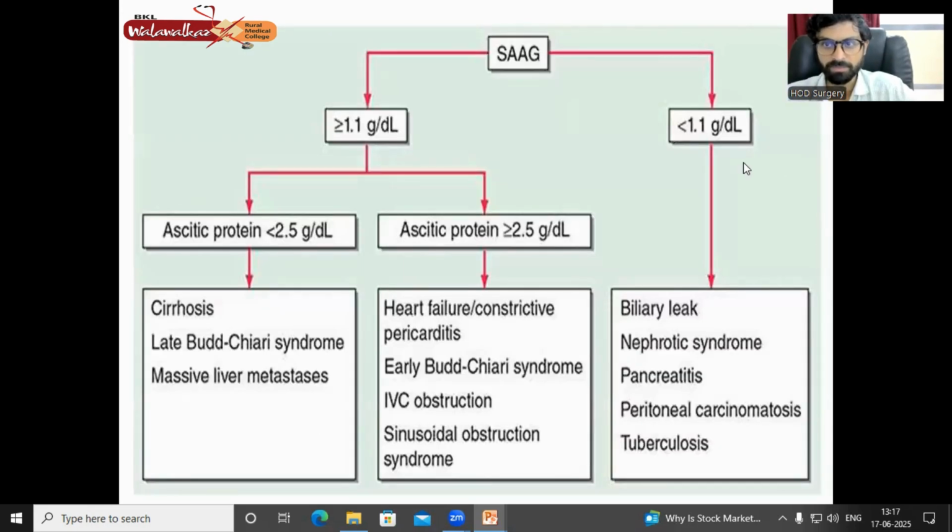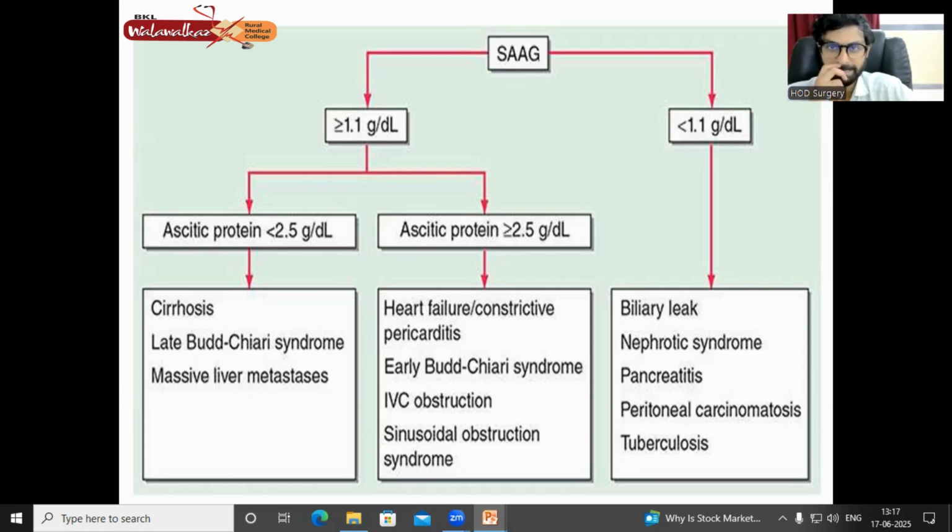So here we have the flow chart showing how to differentiate. So we have the SAAG, first of all, which is divided into SAAG more than 1.1 gram per deciliter and less than 1.1 gram per deciliter. So more than or equal to 1.1 gram per deciliter, then we will look at the protein levels.